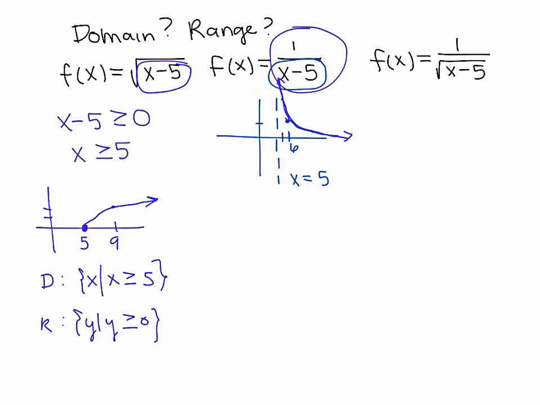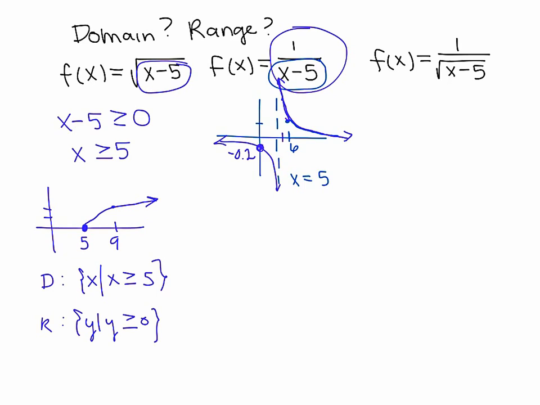If one of the graphs appears in the first quadrant, then you know the other one is in the third quadrant. In this case, we can also find the y-intercept by plugging in x equal to 0. So it'll be 1 over negative 5, which is negative 0.2. You could leave it in fractions or you could leave it in decimals. So this is what the graph looks like.